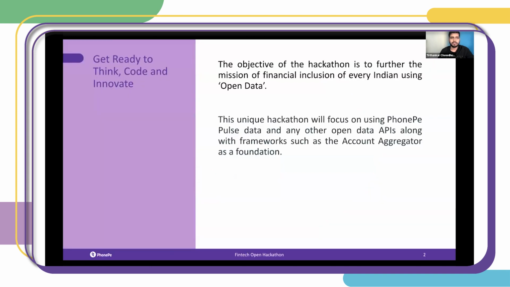And it is to actually promote the open data APIs that exist, and to leverage and get good insights from the open data sources that we have around us.